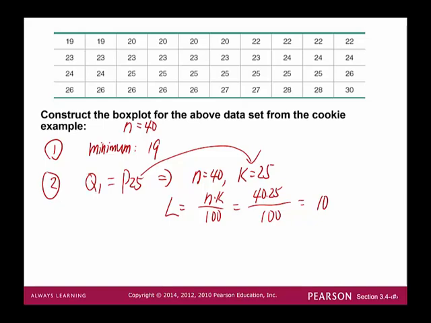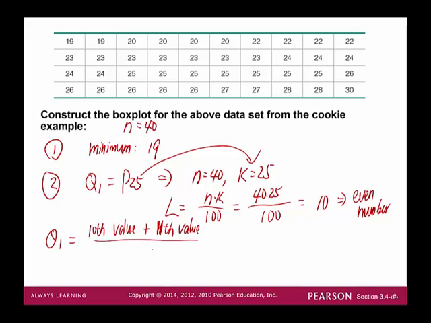So now this locator is a whole number. That means we take the average of the 10th data value and the 11th data value. So quartile 1 equal to the 10th value plus the 11th value, and divide by 2. So now let's go to the table here.